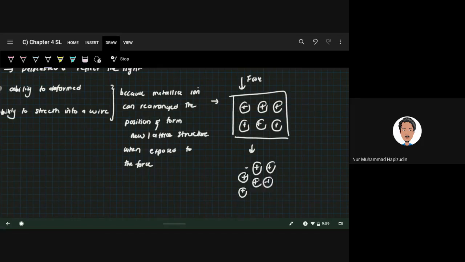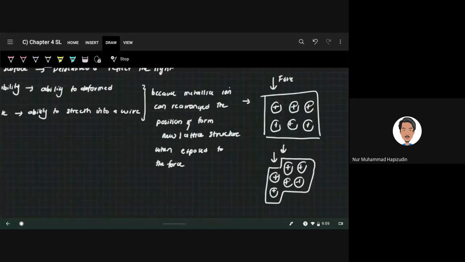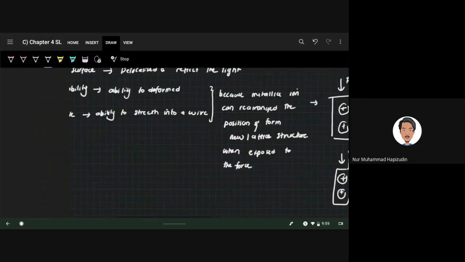Dia akan jadi macam ni. Faham tak? When it is exposed to the force, dia akan berubah bentuk because metallic ions can rearrange the position and form new lattice structure when exposed to the force. Okay, tu je kalau kamu diminta untuk explain lah.